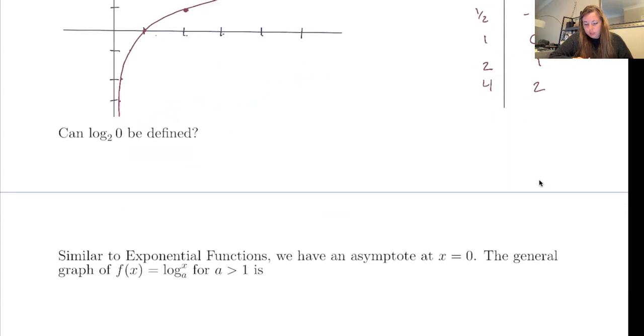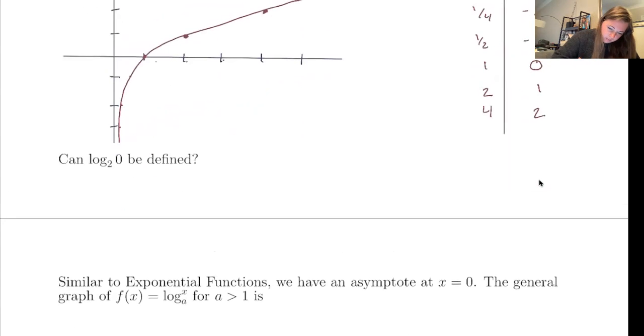Just like exponential functions have a horizontal asymptote at y equals 0, logarithms have a vertical one at x equals 0. I remember asymptotes as curves that get really, really close but never touch.